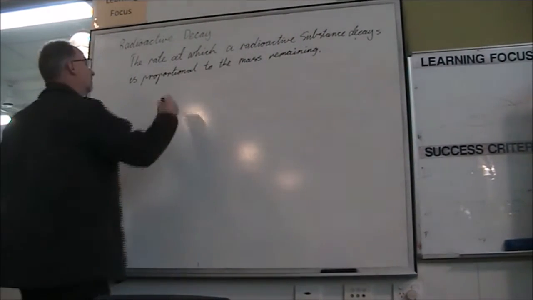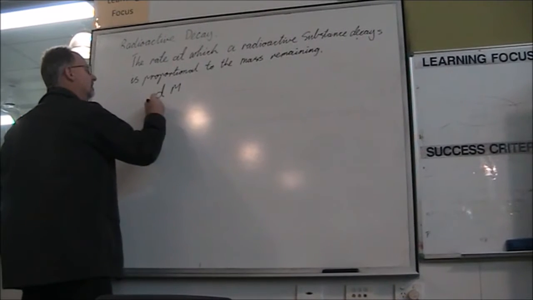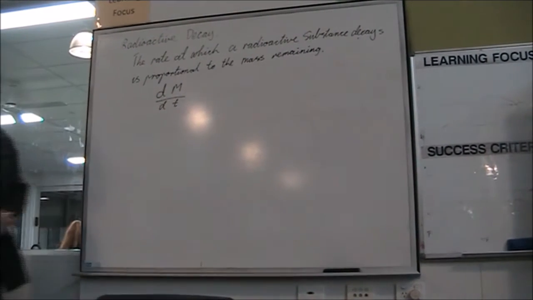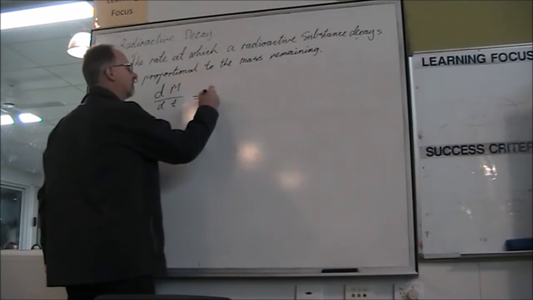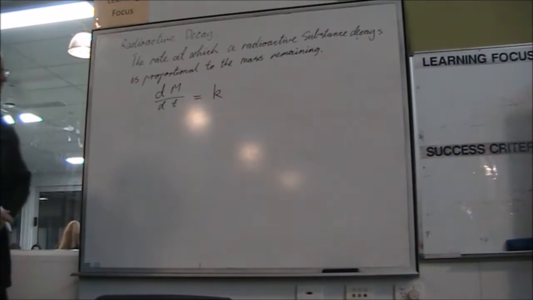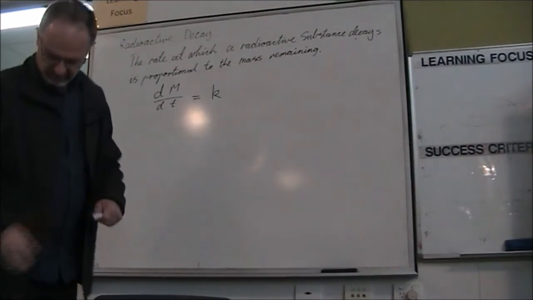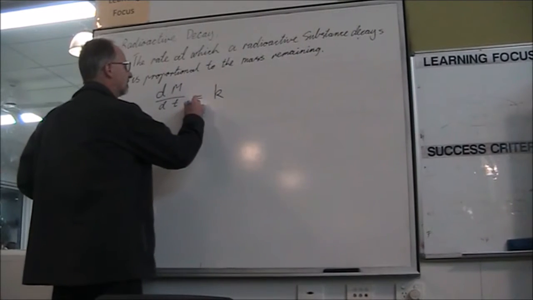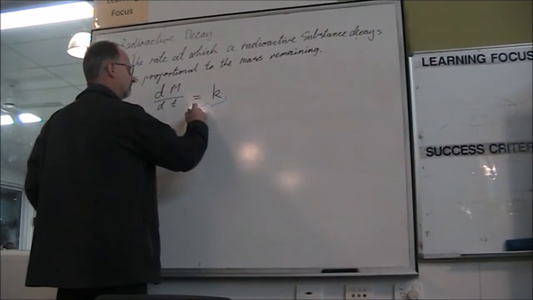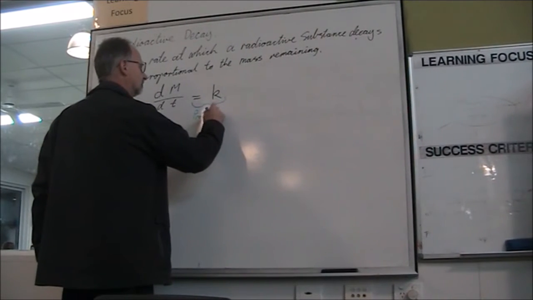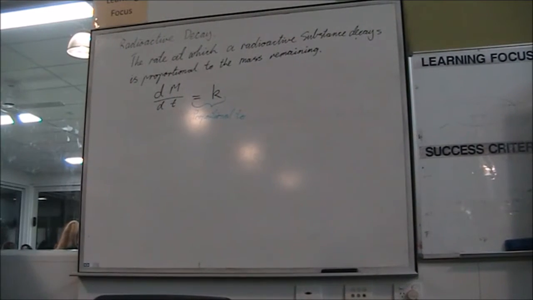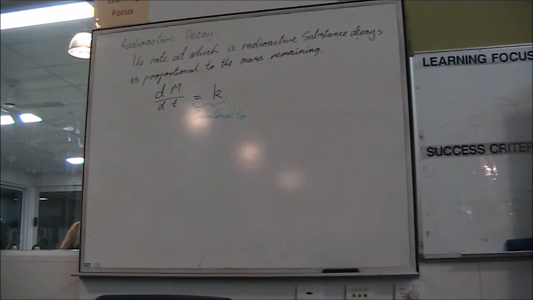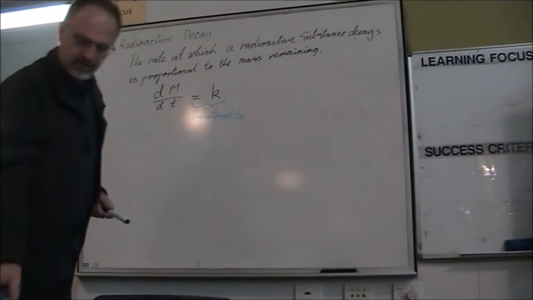All right, and as a differential equation, the rate that the mass is changing with time is proportional to, so equals K. Whenever you see something that's written and it says that it's proportional to, it equals some constant times the mass remaining.